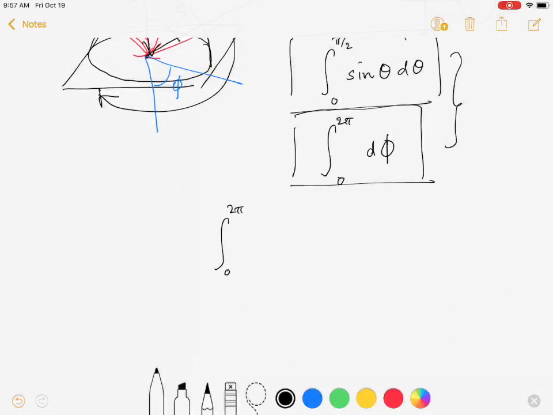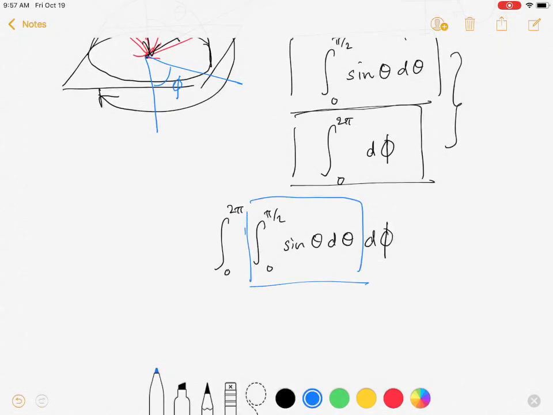So from 0 to 2 pi, and then the sum of the light that comes vertically, and then we close that. So there's one sum inside here, and there's another one for the side, and this is equal to the amount of light, the area that comes from the hemispheric source.